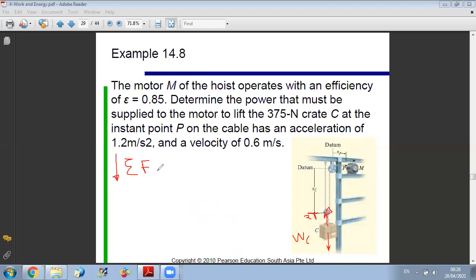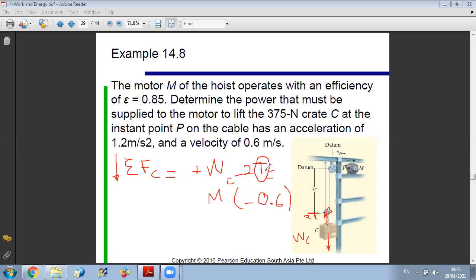Okay, so we have the sum of forces on C equals plus WC minus 2T. And look, AC is negative because AC is minus AP over 2. Okay, so it's equal to M times minus 0.6. Now, by replacing, I can get the value of T.